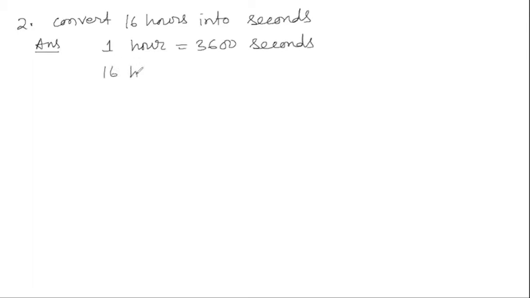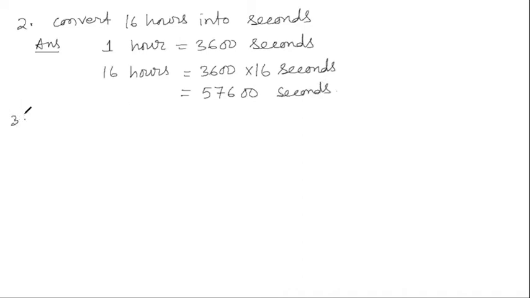So 16 hours is equal to 3600 into 16 seconds. If you multiply, you will get 57600 seconds.